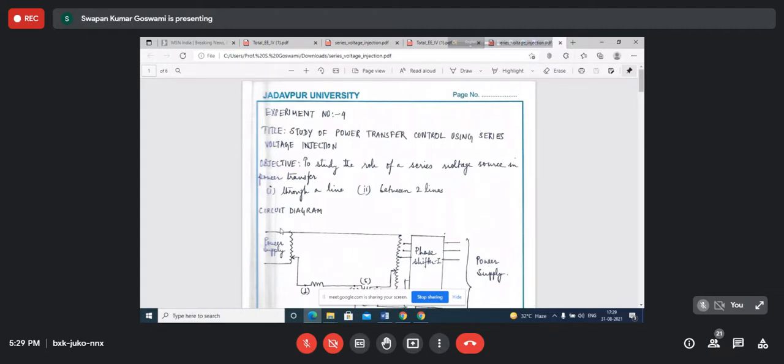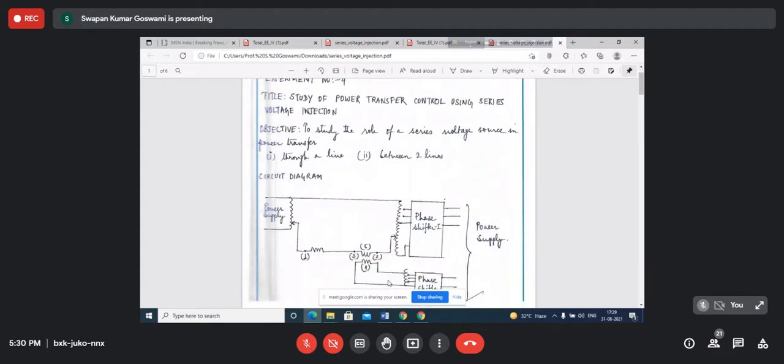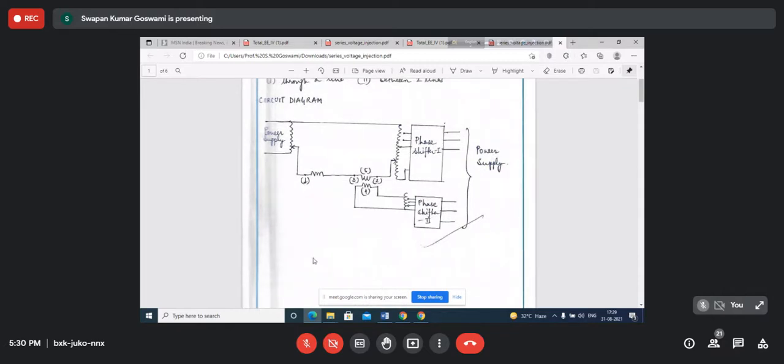This is a limitation in the laboratory environment. Could I explain? Whenever we are performing this experiment, it is very difficult to adjust the values in the laboratory environment, because this is the source available from the same point. From the same point in the laboratory we are taking this power, this source, and also this source. We are taking the single phase input here, we are taking the three phase input, but basically they are the same source, same point. But physically in the power system, what will happen?